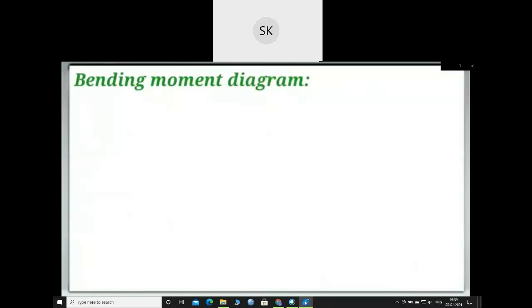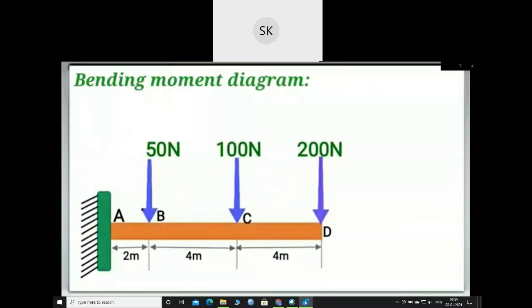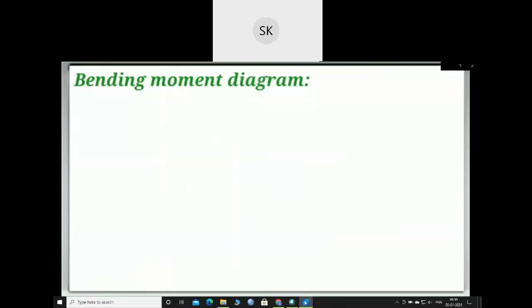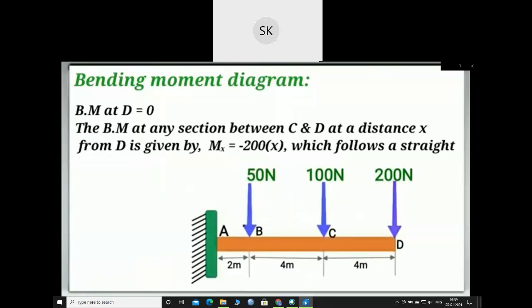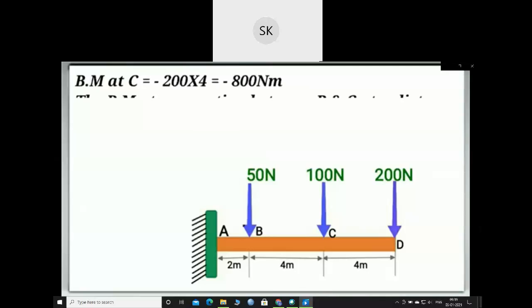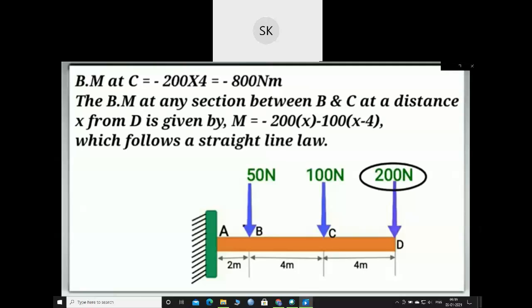We will calculate the values of bending moment at all 4 points A, B, C and D. The bending moment at point D will be equal to 0, and the bending moment at any section between C and D at a distance x from point D will be given by Mx equal to minus 200 times x, which follows a straight line law, which means the bending moment diagram between C and D will be a straight line but with a negative slope.